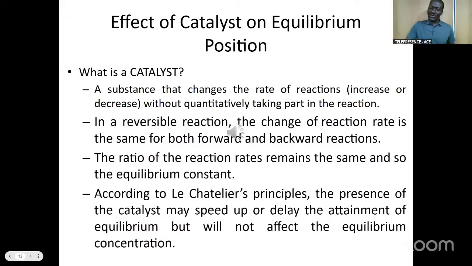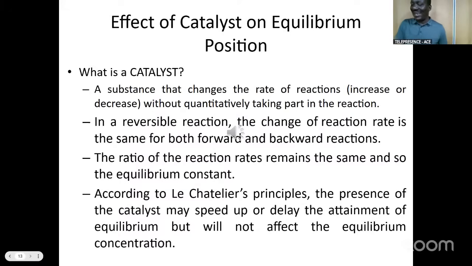The only way the equilibrium will respond is to consume more of the product. So for a system where delta N is positive, an increase in pressure will decrease the formation of products. That is, it will shift equilibrium to the left, to the direction that has fewer moles, which will be the reactant side. That is how pressure affects the equilibrium position for a system where delta N is positive.